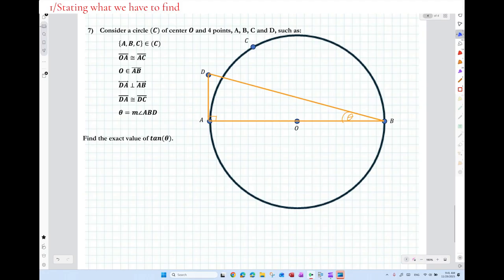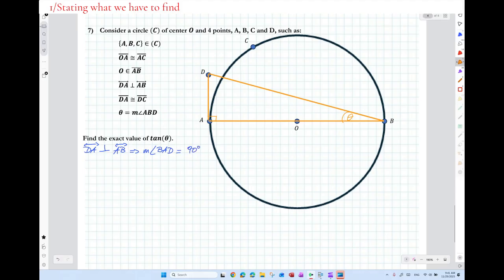So the first thing that I'm going to point out is that since the line DA is perpendicular to the line AB, that implies that the measure of angle BAD is a 90-degree angle.